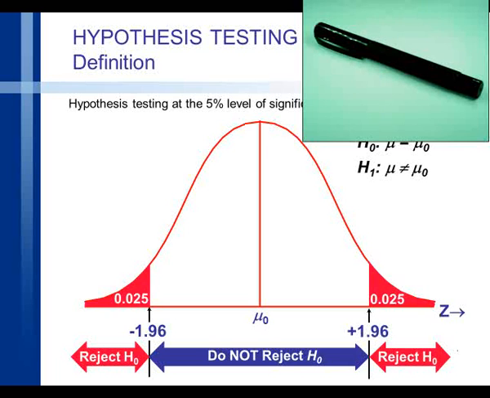So do you think it's more likely or less likely to reject the null hypothesis if I shrink that interval, if I increase the area where the sample can come from and reject the null hypothesis? Who thinks more likely? Who thinks less likely? So it is more likely.